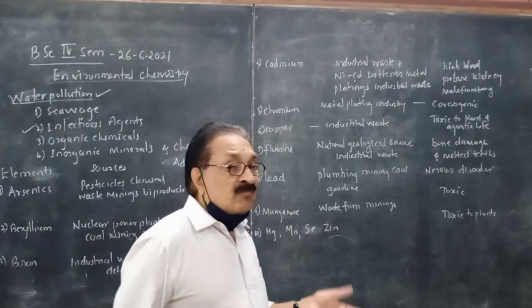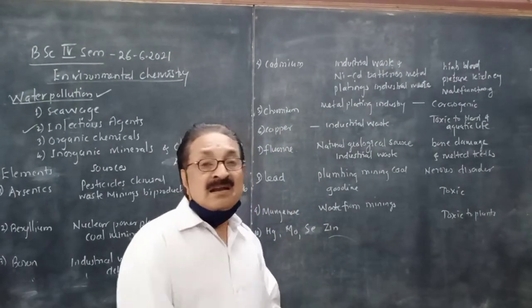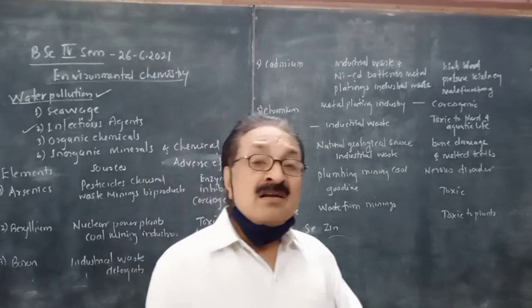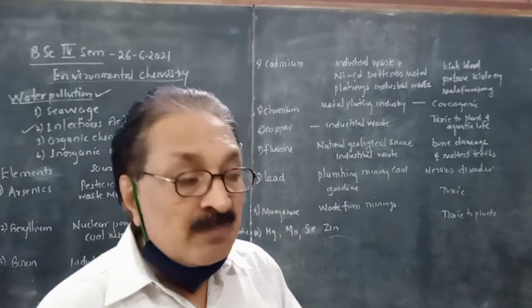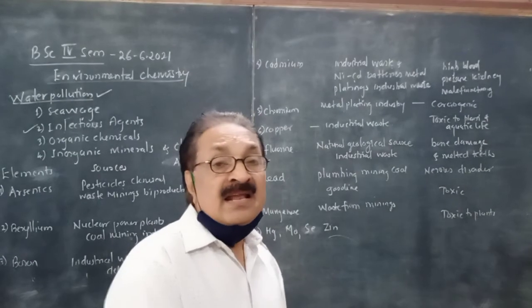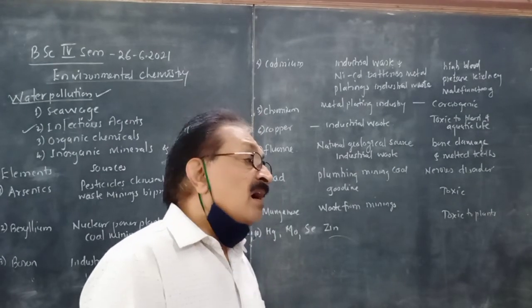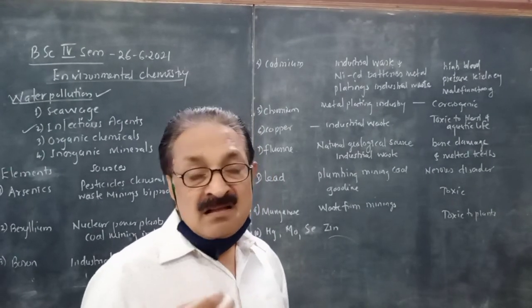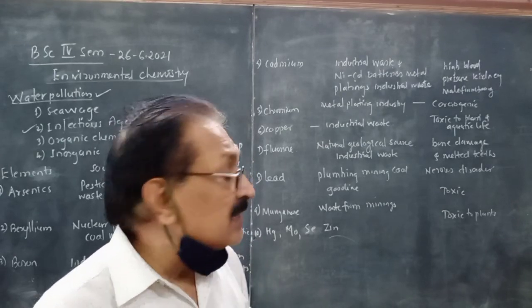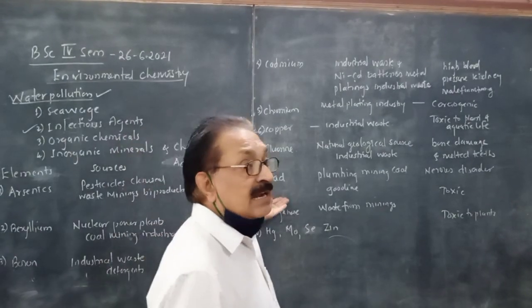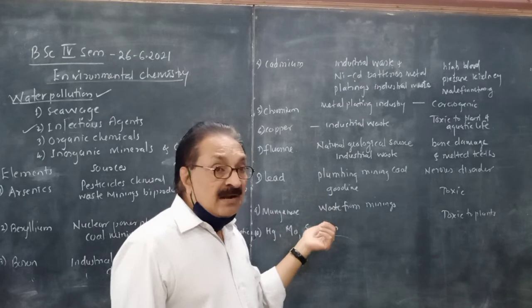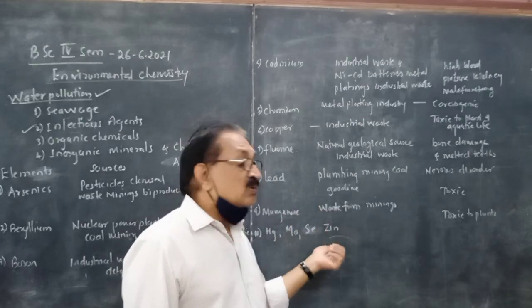Even we observe the lead content indirectly entering small kids, because when small kids are playing in the mud, what happens? Unknowingly the lead content enters the body, and that is reflected in the blood, and blood disease also starts.